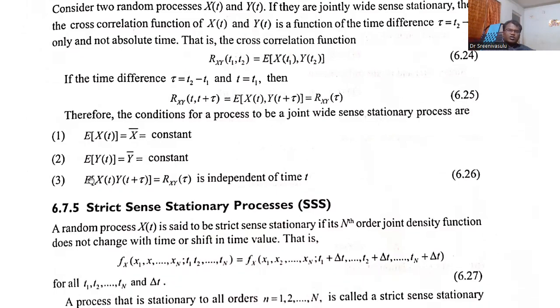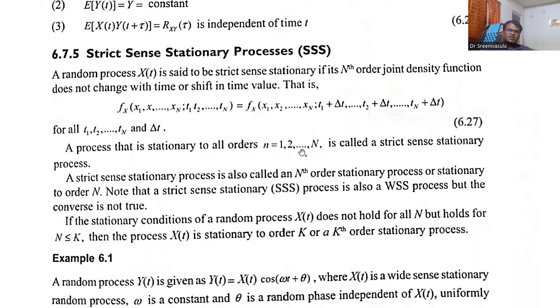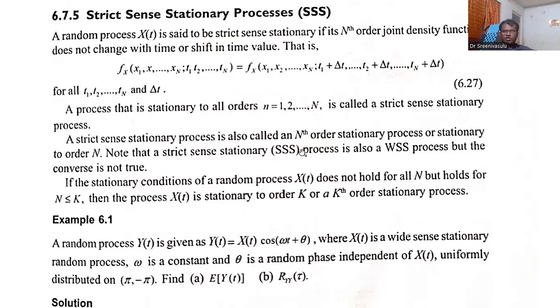Third, if you calculate the cross correlation between these two random processes x of t and y of t, and it is independent of time, then we can say that these x of t, y of t random processes are jointly wide sense stationary process.